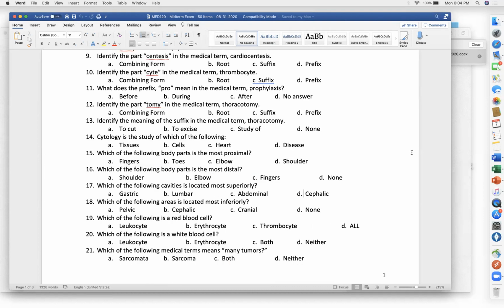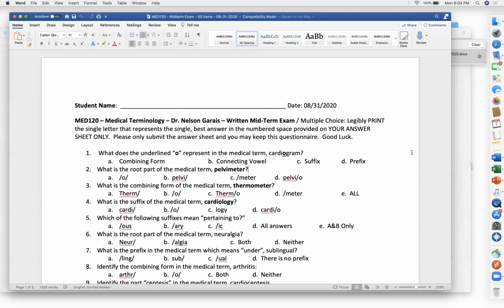And the one that almost everyone missed was the one that I warned you guys about. Number 8, identify the combining form in the medical term arthritis. And remember, a combining form requires what? Two things. It requires a root and a combining vowel.